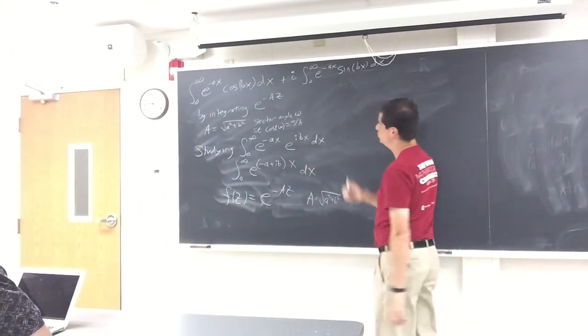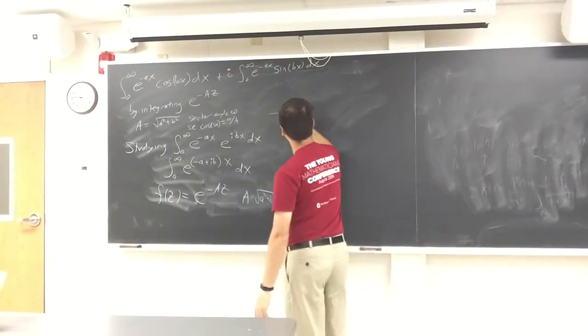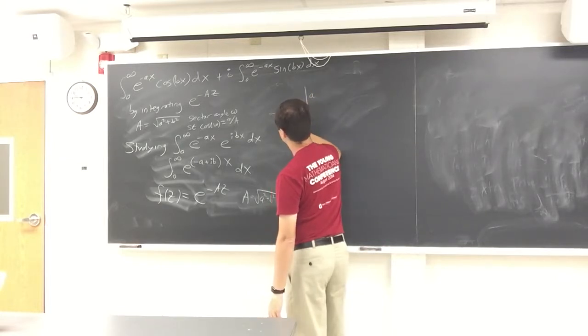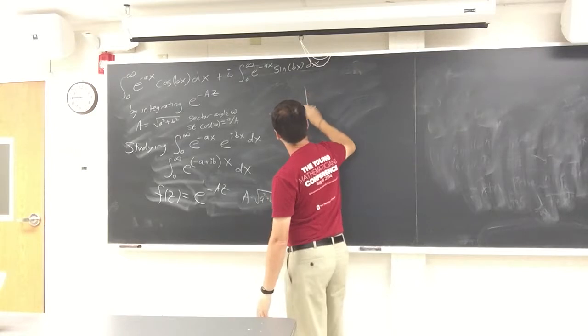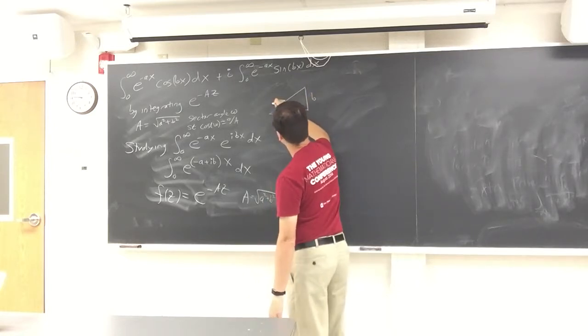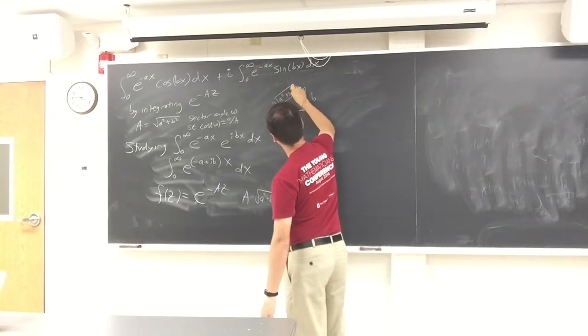And they say choose an angle omega such that the cosine of omega is a over A. So if we think about our triangle, a would be down here, and this would be b, and this would be the square root of a squared plus b squared.